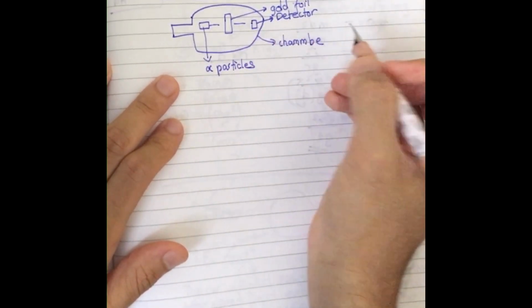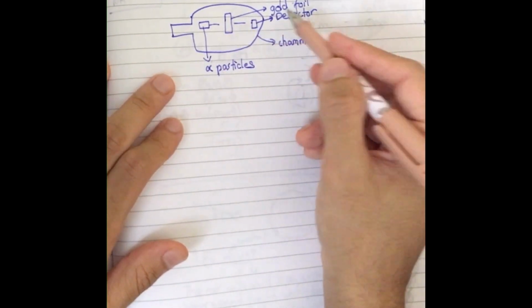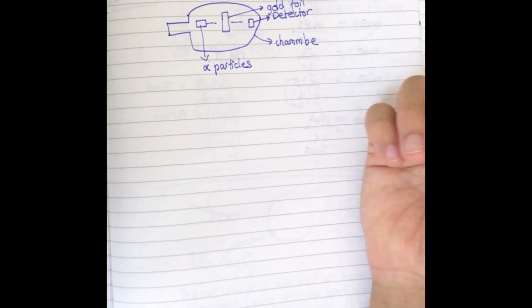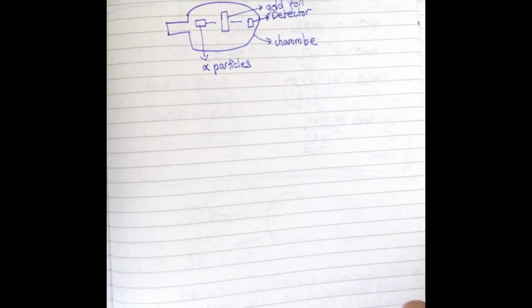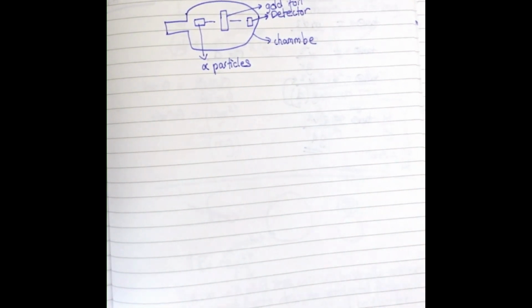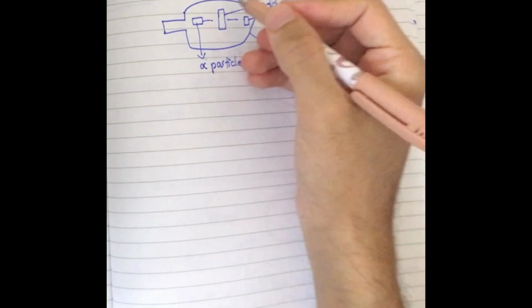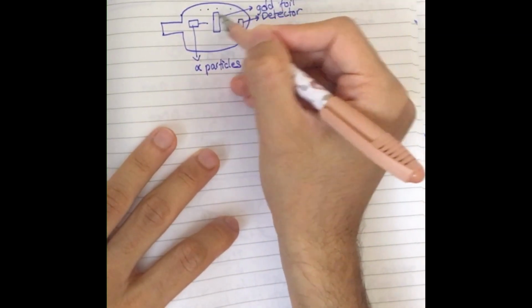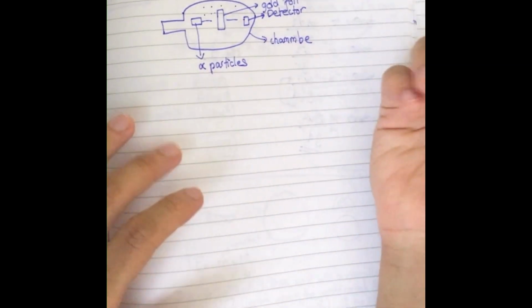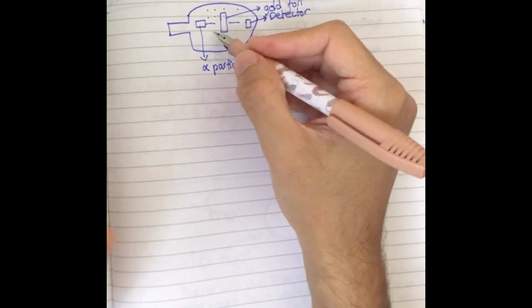So why do we make this chamber a vacuum? For example, it doesn't contain any kind of molecule, it's like empty, like free space, right? The first reason is that if there are air molecules inside the chamber, the air consists of oxygen, carbon, and many other atoms.